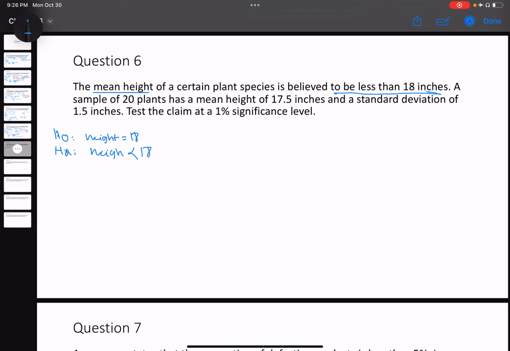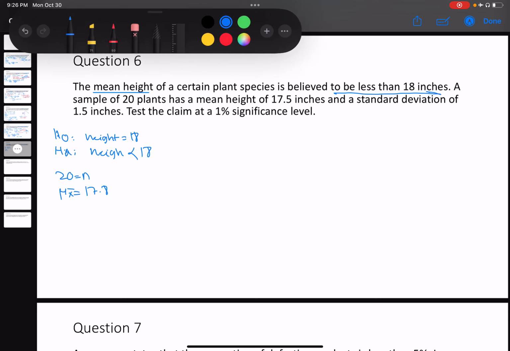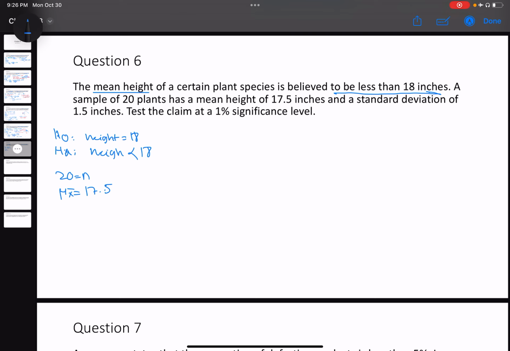For a sample of 20, n equals 20, with x bar as 17.5, standard deviation of 1.5, test the claim at 1% significance level. We have a small sample size, therefore we're going to use the t-statistic.